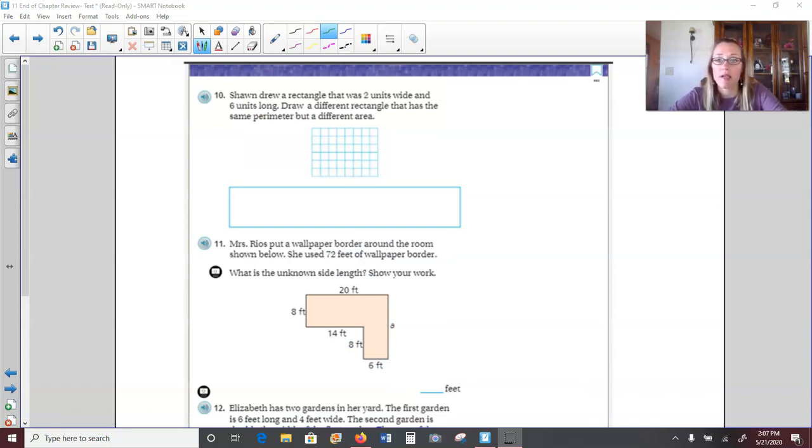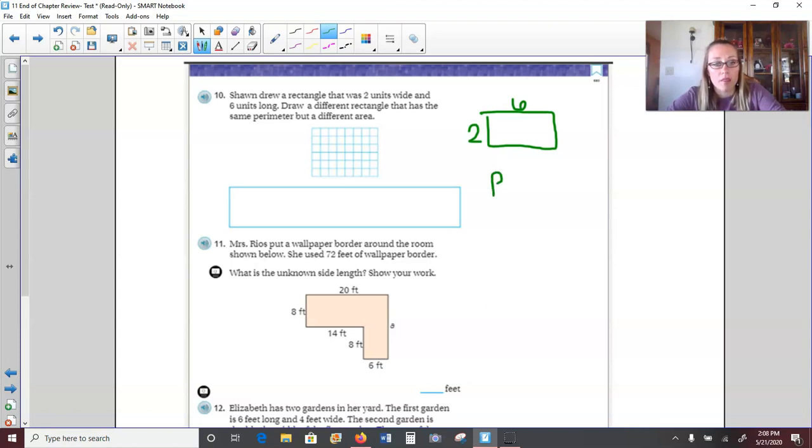All right, number 10. Sean drew a rectangle that was 2 units wide and 6 units long. Draw a different rectangle that has the same perimeter but a different area. So if he drew a shape that was 2 units wide but 6 units long, first we need to figure out the perimeter and area.